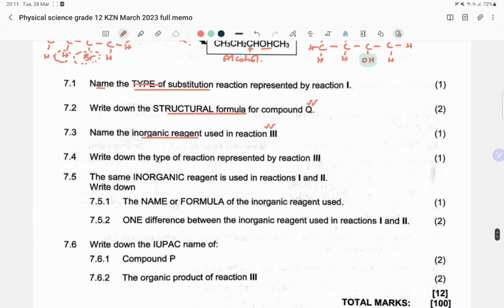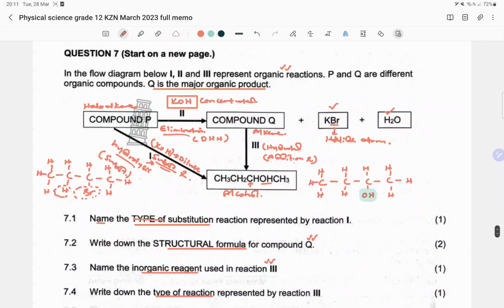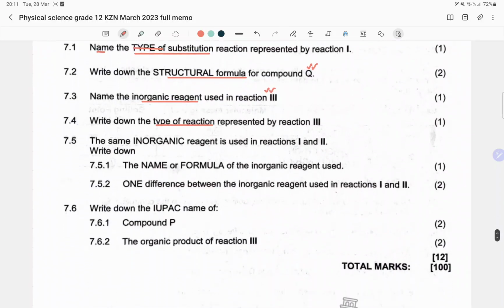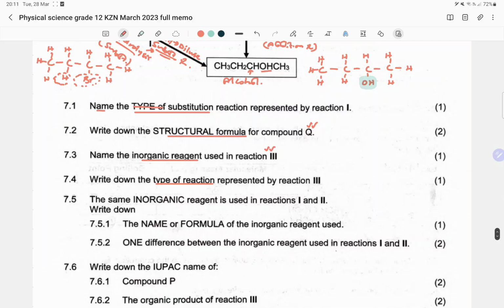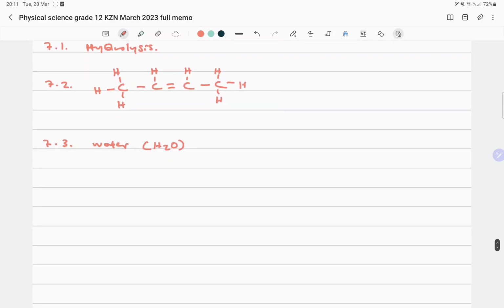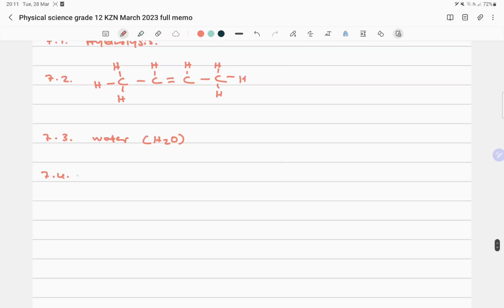Now write down the type of the reaction represented by reaction 3. We said it's an addition reaction. This is 7.4. Okay, now 7.5.